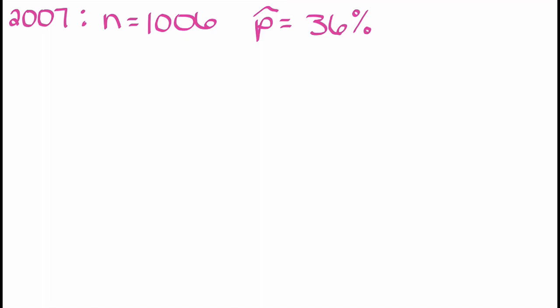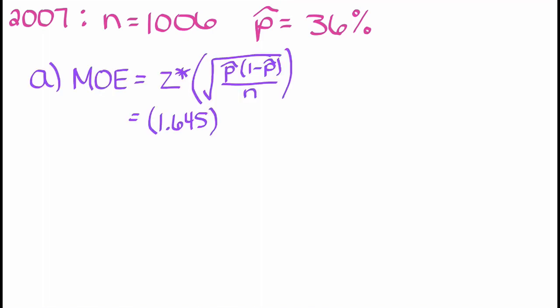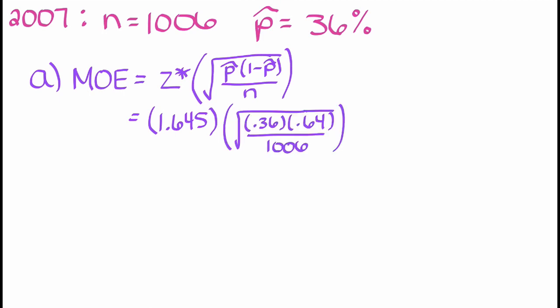Okay, so in 2007, our n value was 1,006 and p hat was 36%. That's our sample proportion. Part A, they wanted us to find the margin of error. Margin of error is z star times the square root of p hat times 1 minus p hat over n. z star would be 1.645 for 90%. Our sample proportion is 0.36, 1 minus that is 0.64, over n, which is 1,006, gives us 0.0249.